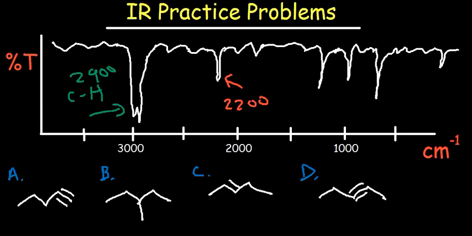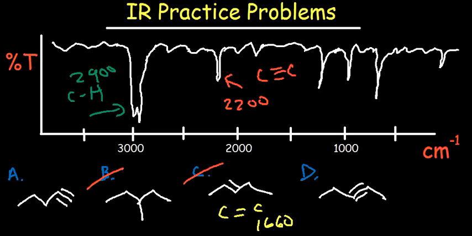Usually this signal corresponds to a triple bond, in this case a carbon-carbon triple bond. So we know we can eliminate B, it's not an alkane, and C is out, it's not an alkene. And plus, if it was an alkene, we should see a C double bond C stretch roughly around 1660 or 1650, and we don't have that.